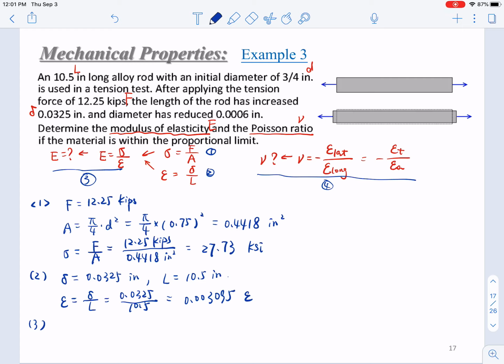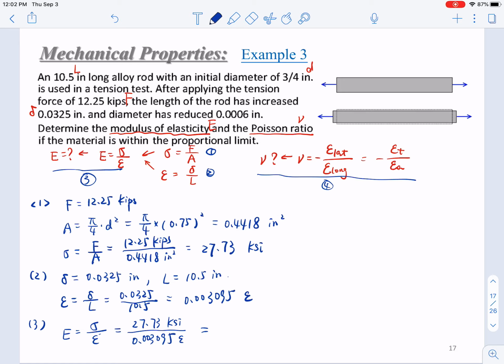So now we can come to the third step to calculate E, that is sigma over epsilon, 27.73 KSI over 0.003095 strain.